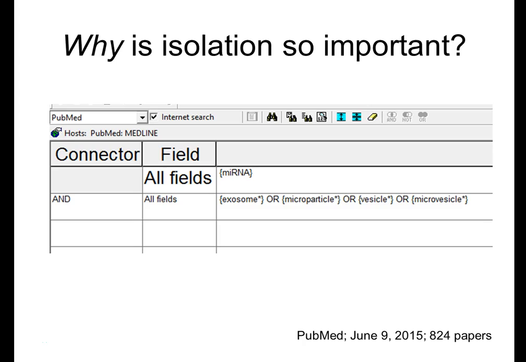Now, why is isolation of vesicles so important, especially when we are talking about plasma? I think to circumvent artifacts and wrong conclusions. There have been numerous papers recently on the presence of microRNA in extracellular vesicles, also vesicles present in plasma.